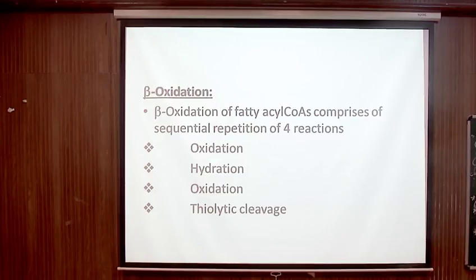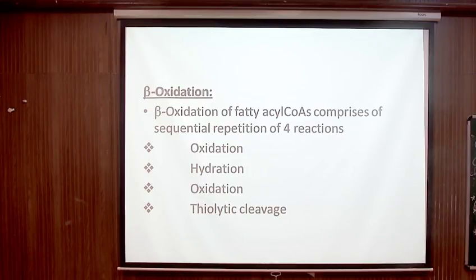Beta oxidation proper takes place in the mitochondrial matrix. So beta oxidation of fatty acyl coenzyme A comprises sequential repetition of 4 reactions. Say if you're talking about the beta oxidation of palmitic acid, it's a 16 carbon compound.